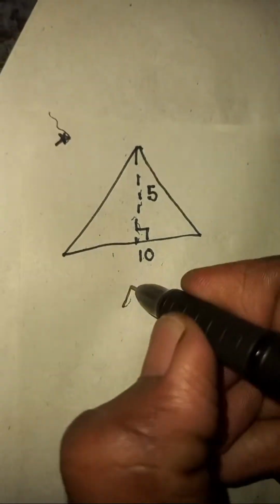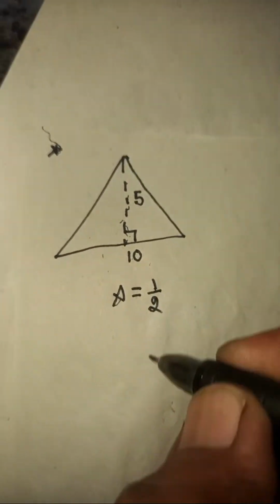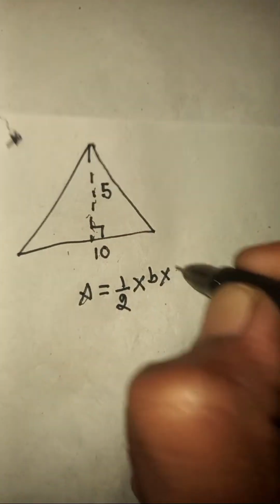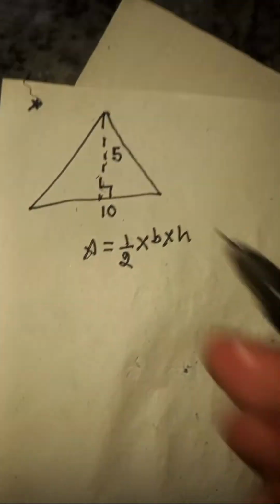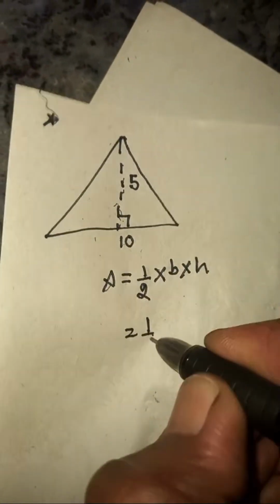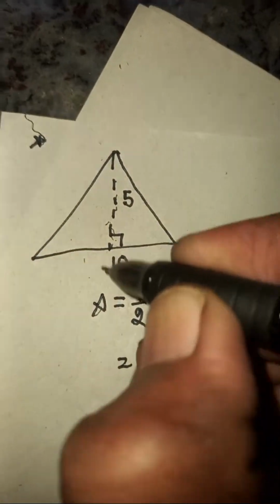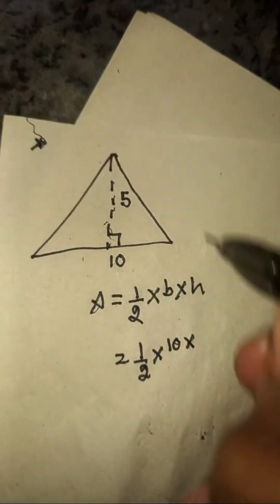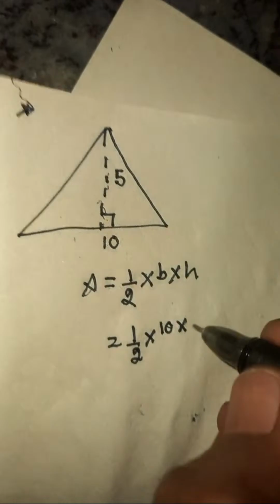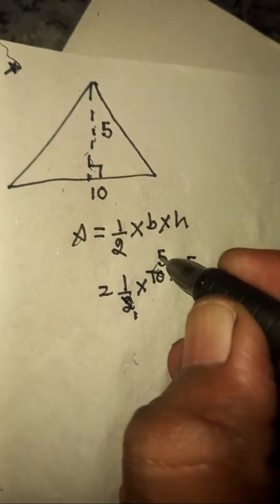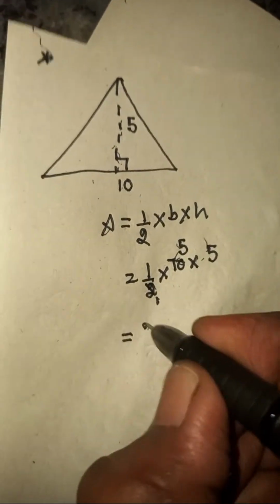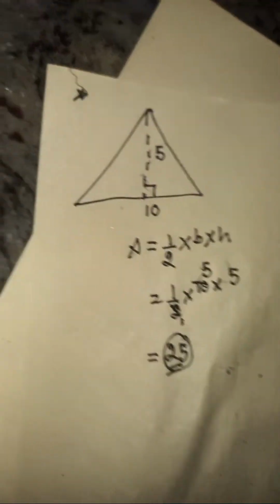Here also area equals half times base times perpendicular height, which is half times base, 10 units, times perpendicular height, 5 units. 2 1 times 2, 5 times is 10. You can multiply 5 times 5 is 25 square units.